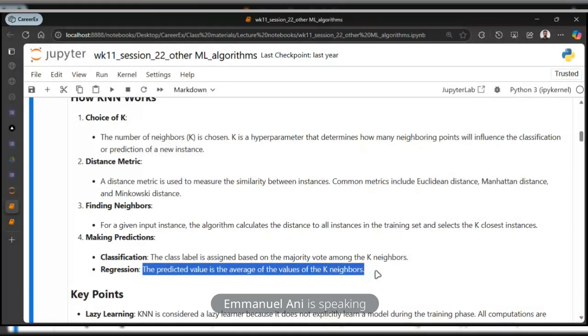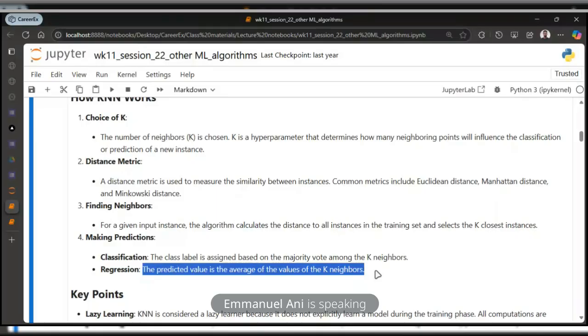But in this case, what is going to be calculated is the average. So if you say k equals 5, it's going to get the top 5 nearest neighbors, all right, and calculate the average. So in this case, the nearest neighbors would be different values, right? Let's assume you're trying to predict the price of a house, and you have several features.